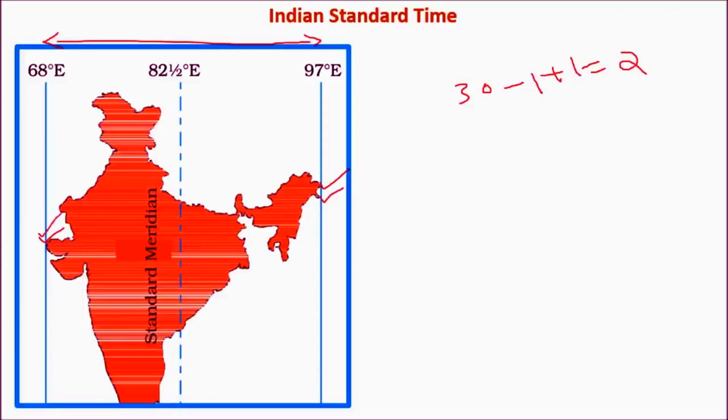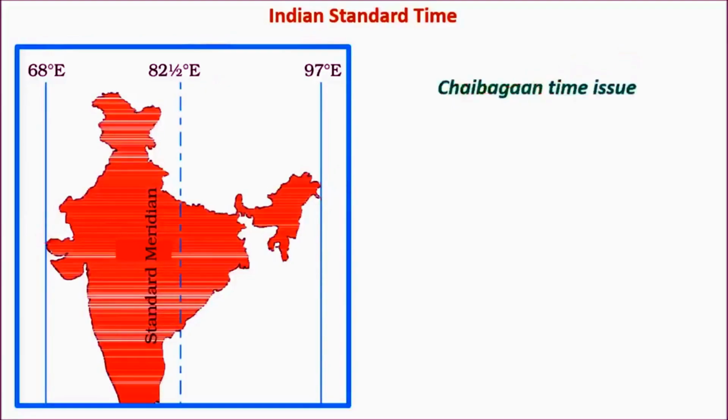considerable difference, but still, due to various constraints like illiteracy and other administrative problems, India decided to have a single time zone, at 82.5 degrees east. Before independence, India had something called the Chai Bagan time system, in the eastern parts, that is Assam, Arunachal Pradesh, Manipur, etc., where tea plantations were extensive.